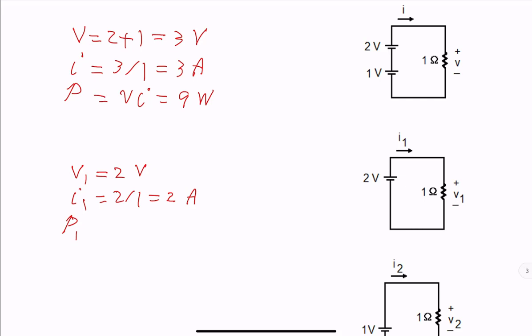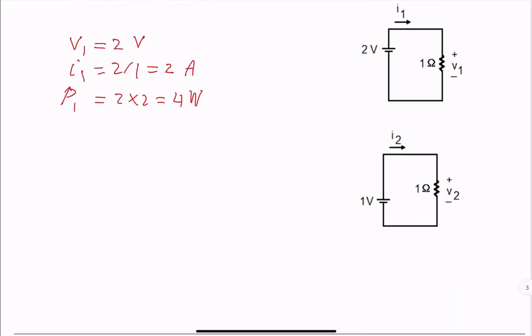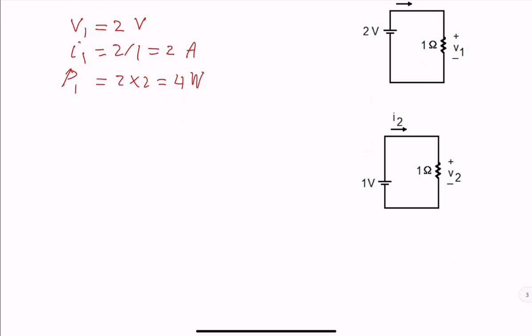P1 is 2 times 2 equal to 4 watts absorbed. Keeping the next source, the 1 volt at the bottom, V2 is 1, I2 is 1 over 1, and P2 is VI, 1 watt.